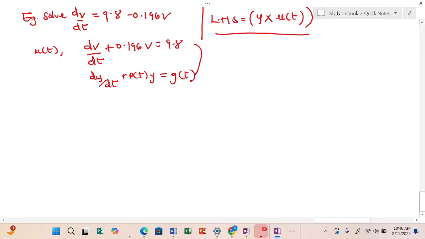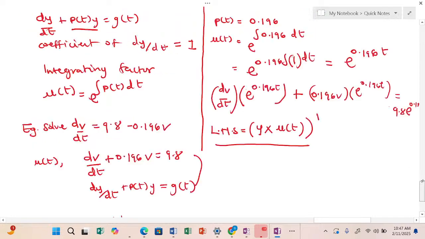So this is what we get for our left hand side. We know it should be y times mu, but in this case our y here is v. So we get the left hand side to be v times our integrating factor e to the power 0.196 t, all prime, should be equal to the right hand side. And what did we get for the right hand side?